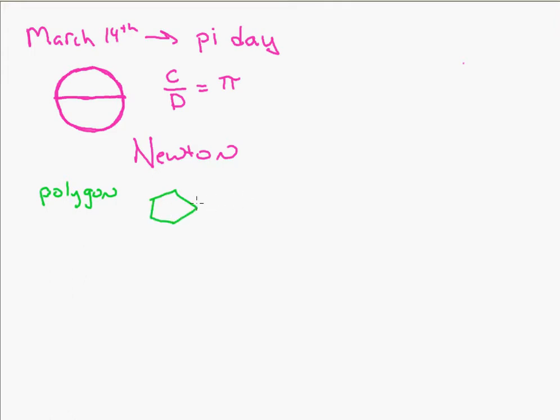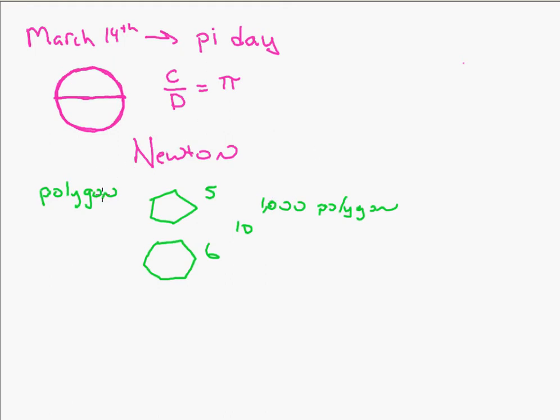So you could have 1, 2, 3, 4, 5 sides, or a 6-sided polygon, or a 10-sided polygon, or a 1,000-sided polygon. So a polygon just means many sides.